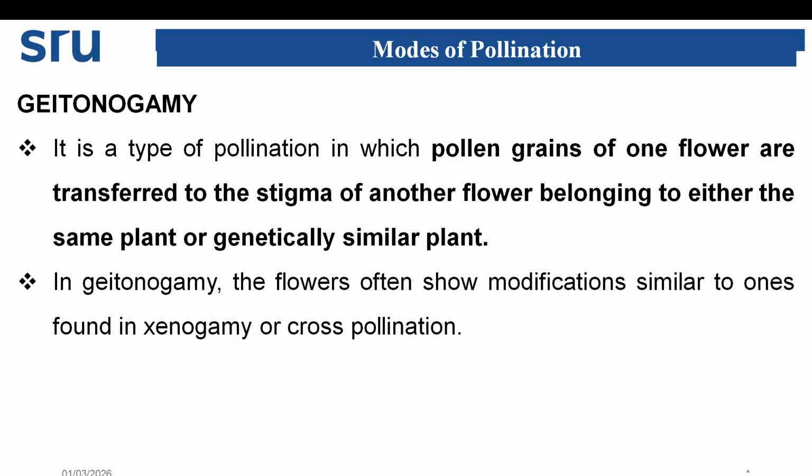Now next, that is geitonogamy. This is also one of the types of self-pollination.